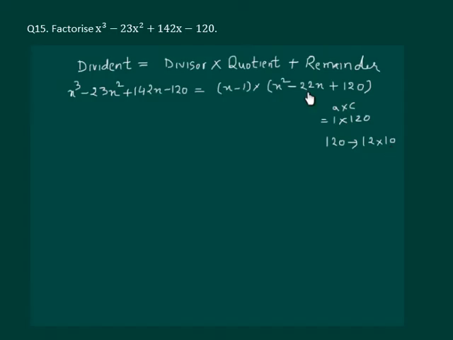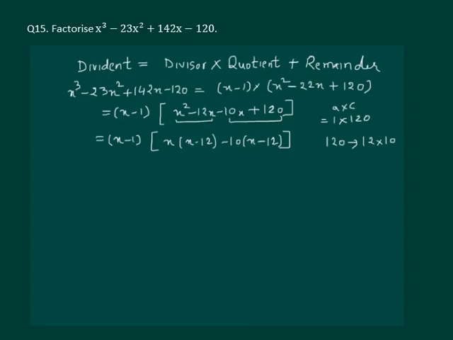So let us proceed further. Since we want a negative sign, minus 12 minus 10 will also give us minus 22. So we take minus 12x minus 10x. We have split the middle term.